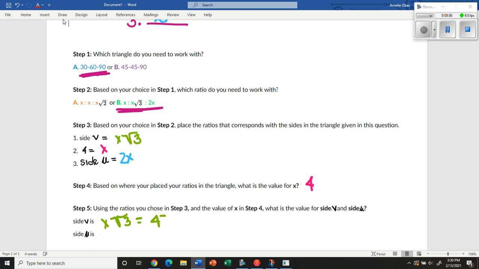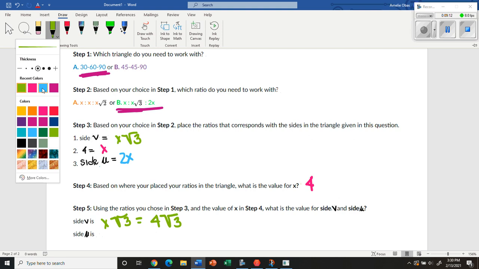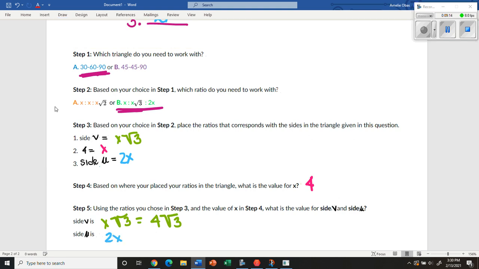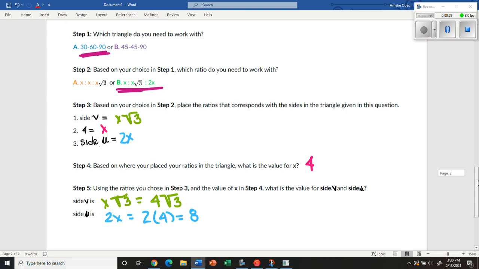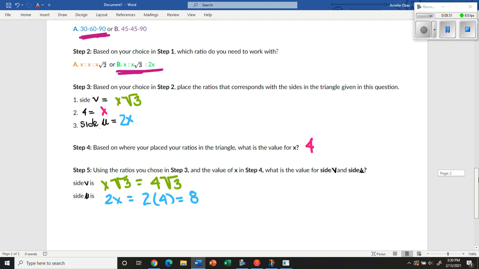It'll be 4 square root of 3. And that's the side for V. For U, it says 2x. Now I know that x equals 4, so 2 times 4, and then I get my side for U is 8. And again, you will have choices, and you choose the right value for that question.